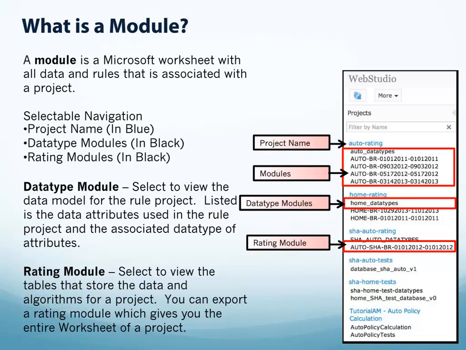Again, this is very implementation specific, because you could put your test data inside of your rating module, and you could put your data model inside of your rating module, but usually separating these out into different modules gives you a clear picture of your different areas that are required and ensures that you don't accidentally mess up any of your rating plans.